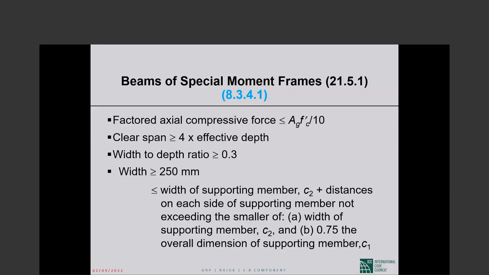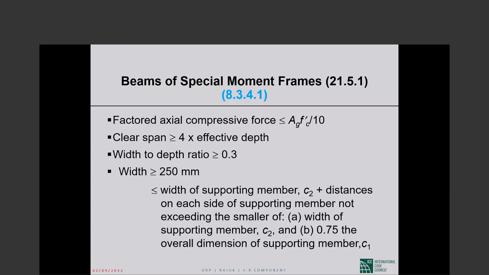Is it allowed to have an SMRF building where, okay, let me rephrase. For architectural purposes, we sometimes cannot provide beams in every column-to-column line. Is it allowed in an SMRF building?